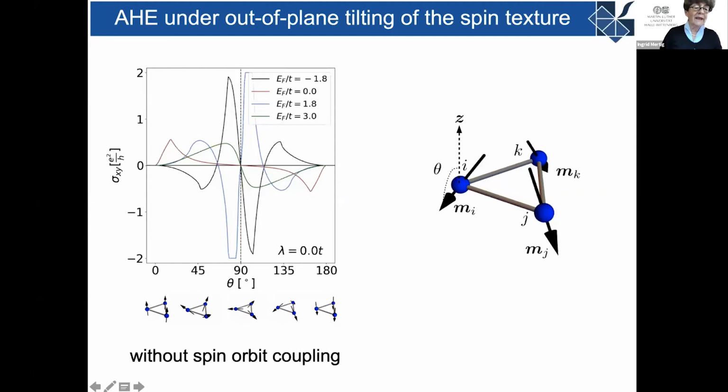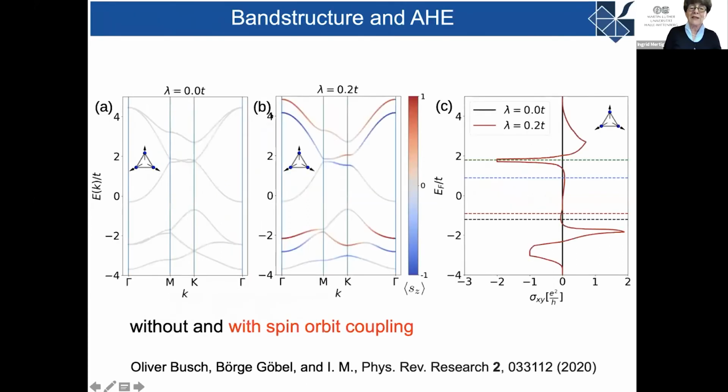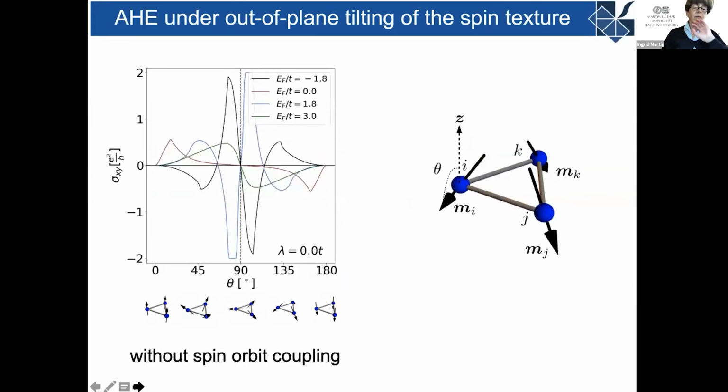Maybe I go back again, since I forgot to mention, if I switch on spin-orbit interaction, of course, I get this large anomalous Hall effect that was predicted by the authors that I mentioned before. And now, what I do, I take this system and artificially I introduce an out-of-plane tilting.